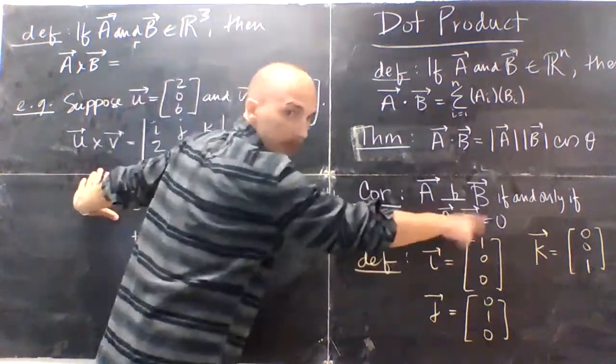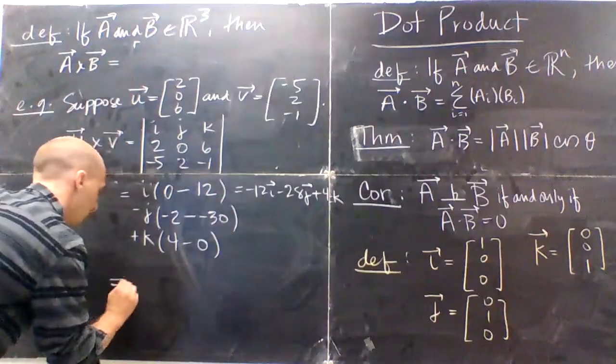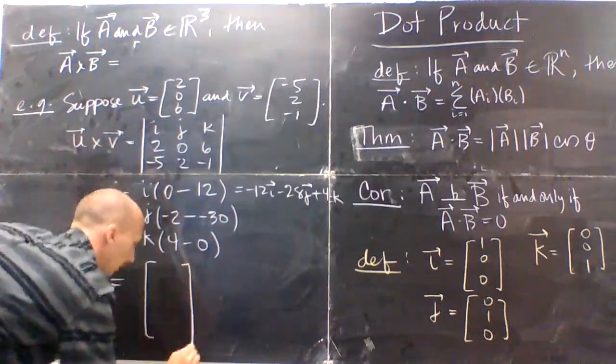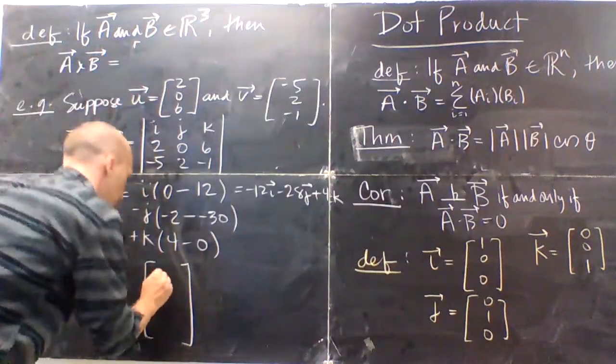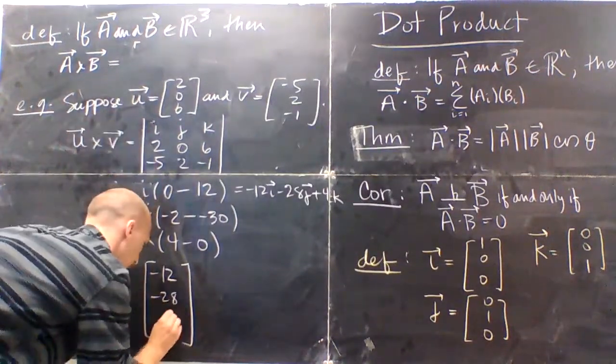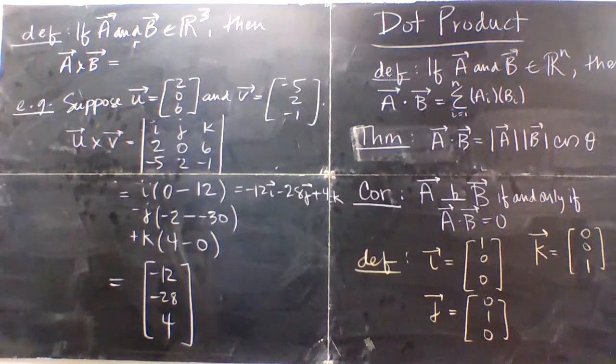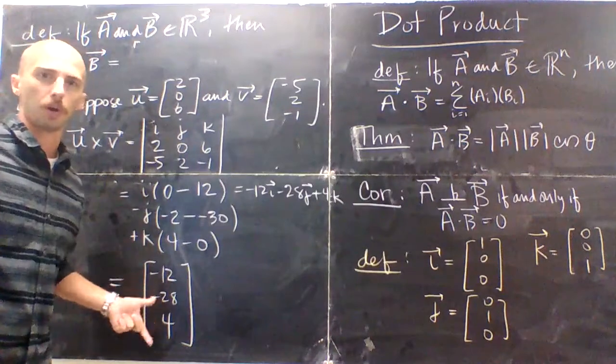And then, understanding what i, j, and k are, this is going to be equal to, if we write how we write vectors in this class, (-12, -28, 4). Okay? We can do this, right? Okay, what else was I going to say here? Completely lost it. Okay, that's how we compute the cross product.